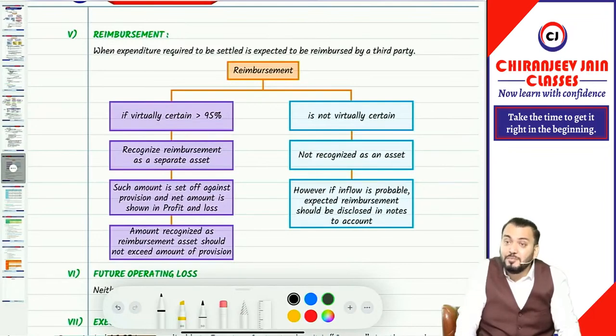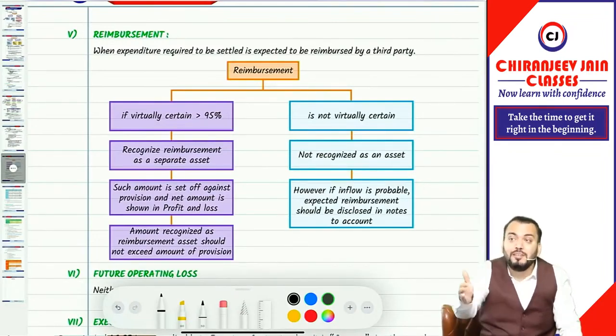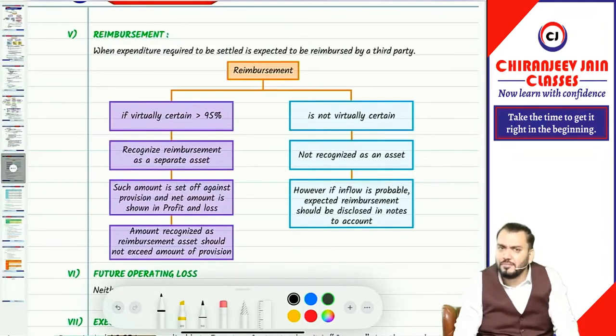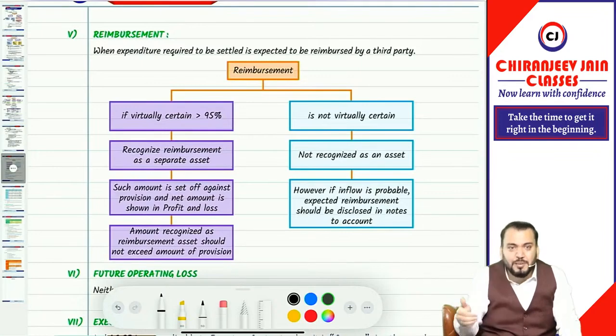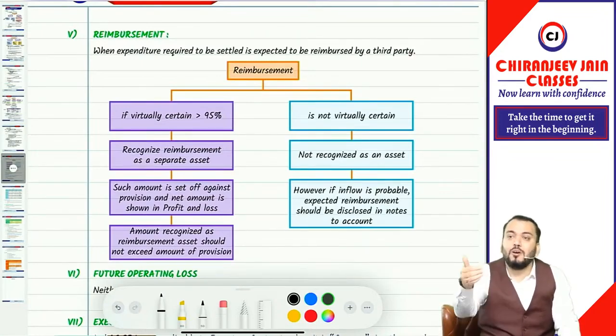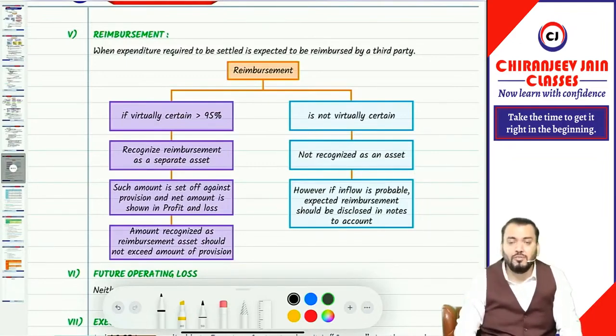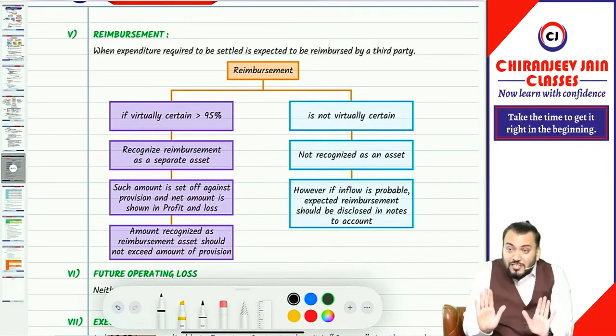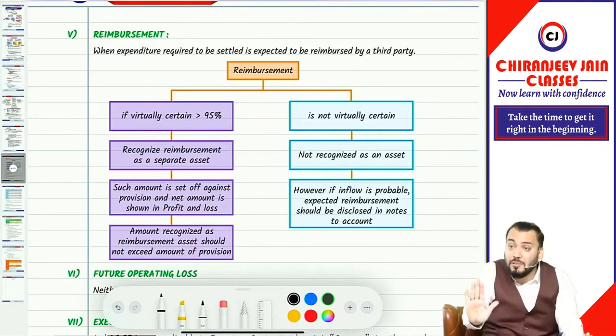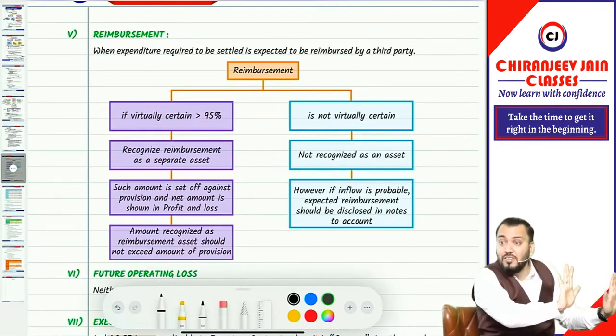Now about reimbursement. Reimbursement becomes an inflow. So what will you do about reimbursement? Hello? Reimbursement becomes an inflow. So what will you do about that reimbursement? Recognize an asset? No. Just apply Ind AS 37, whatever you have done. Don't apply CA Inter now.